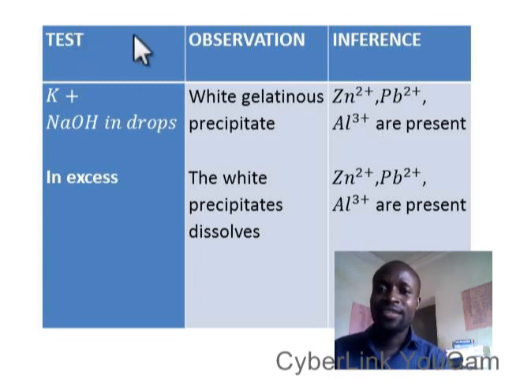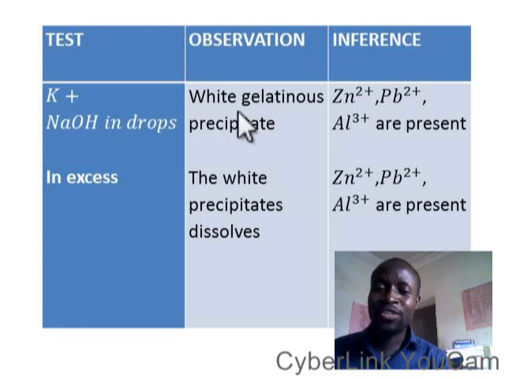Let's go on. Look at what I said earlier: test, observation, and inference. K is used as a letter here, but it's a compound, plus sodium hydroxide in drops, white gelatinous precipitate.